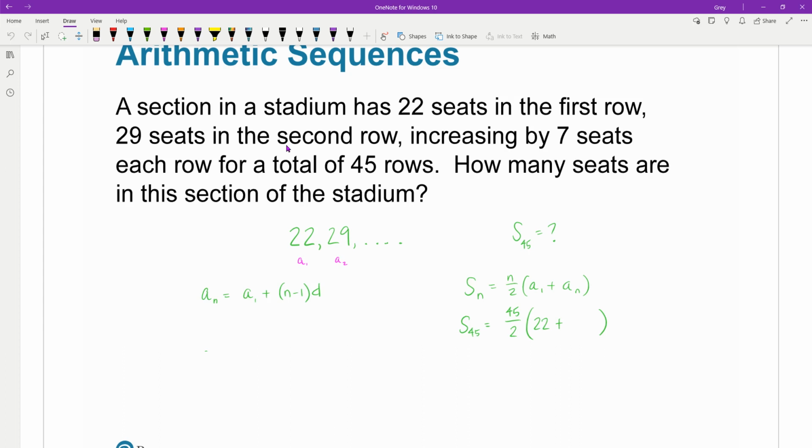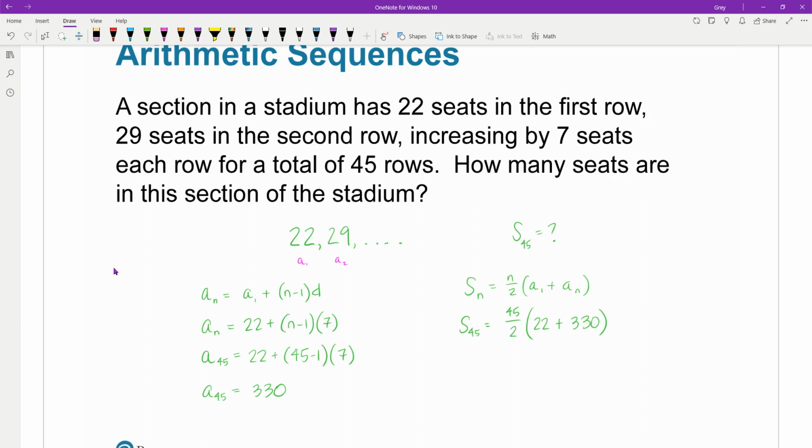Okay, and so a sub n in this case, the first term is 22, and they told us it was increasing by 7 every time. So whether you choose to go back and look at these numbers and subtract, or remember from the problem, that's your common difference. And now for a sub 45, I'm just going to plug in 45 for n, and when I simplify that, I get 330.